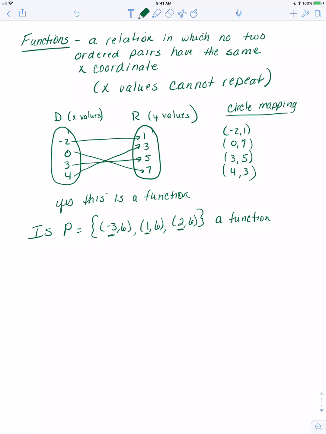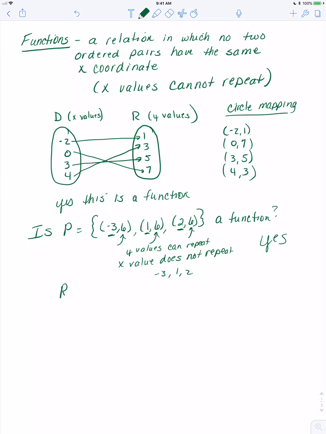So you can look at this and see, well, they all have the exact same y value. Well, y values are okay to repeat. But the x value does not repeat because our x values here are -3, 1, and 2. So yes, this is a function.